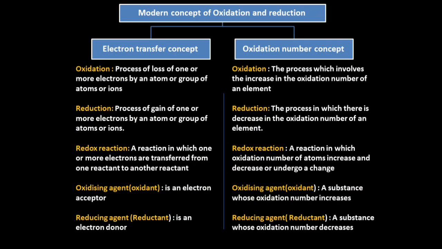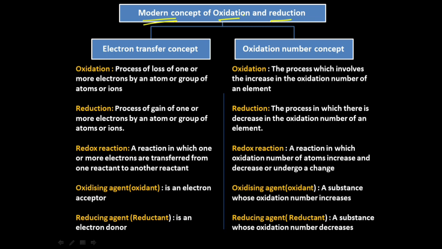The next is modern concept of oxidation and reduction. So modern concept means present day chemistry defines oxidation and reduction in a different manner. They will not define oxidation means addition of oxygen or removal of hydrogen, or reduction means removal of oxygen or addition of hydrogen. They will not define like that.